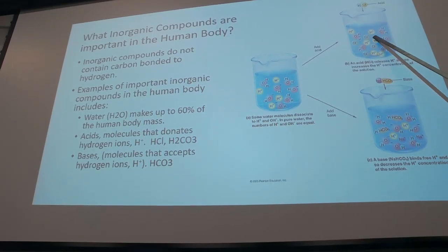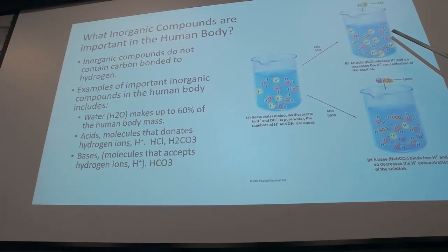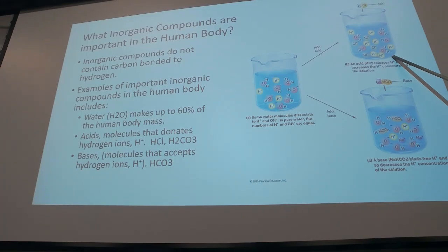Now, when you add an acid, or a molecule that donates hydrogen ions, like for instance hydrochloric acid, that acid will dissociate into chloride and hydrogen. And the concentration of hydrogen ions is going to be greater. So this solution is going to be acidic. It will have a pH lesser than 7, so 6.9 and below.